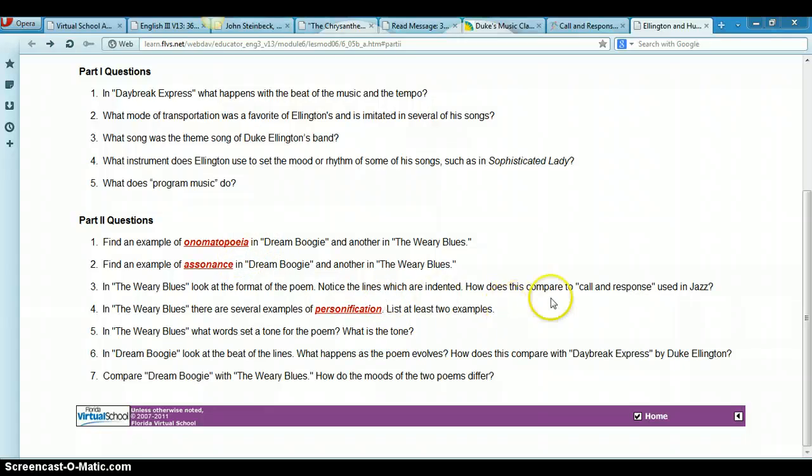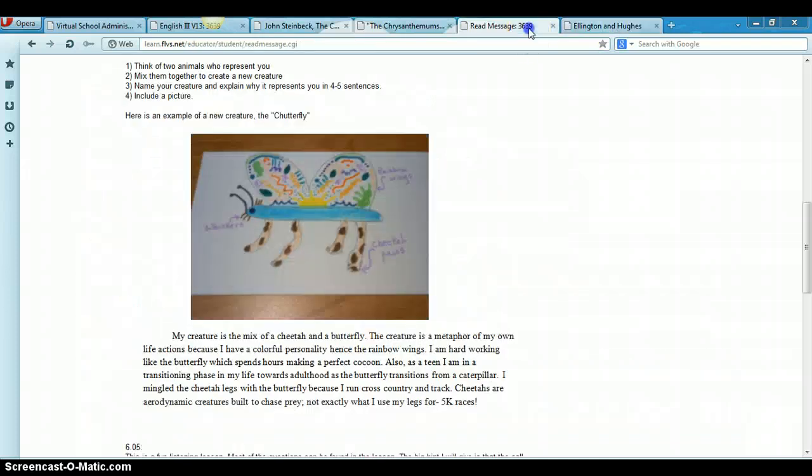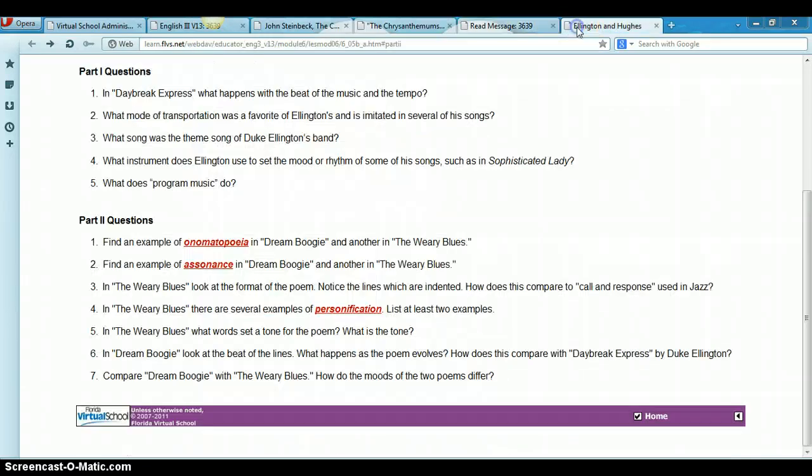Again, should you need help with call and response, please just let me know. And don't forget, you've got the link with the video. So after you have answered those 12 questions, you are going to submit them as one assignment. Submit them as 605, and then you're going to move on to 606. So let's get back to where we were.